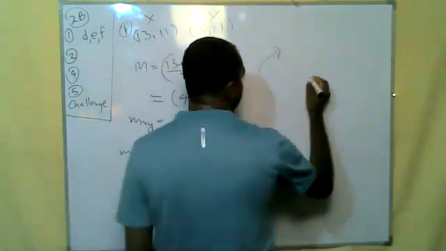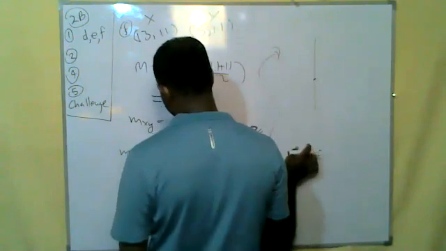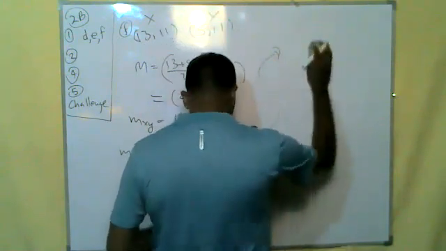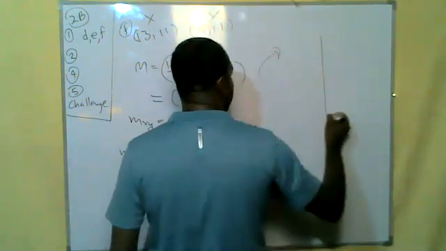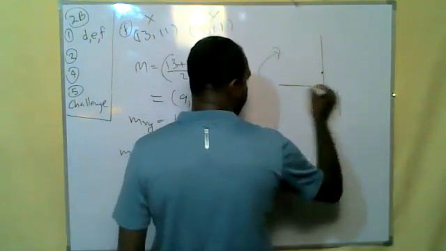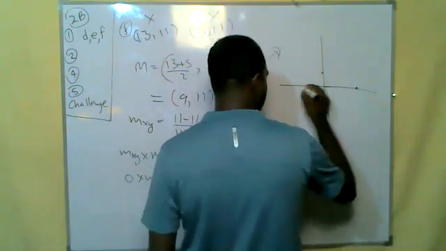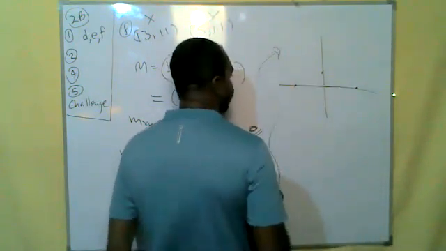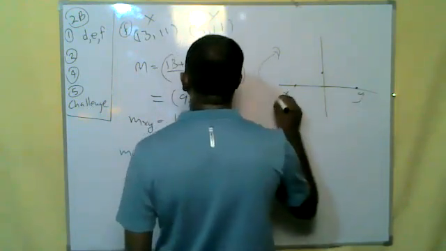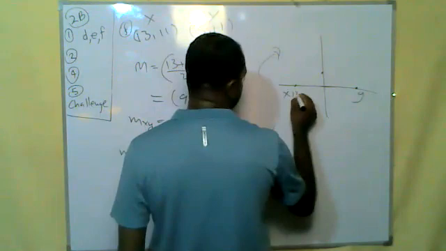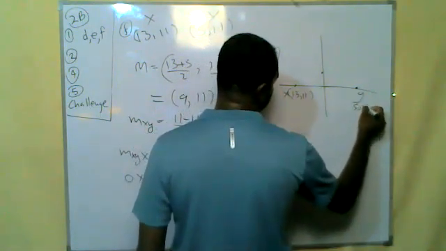So a line will come like this. So the perpendicular line is going to be something like this, no? So this will be X and Y, can say 13 and 11, and here it's going to be 5 and 11.